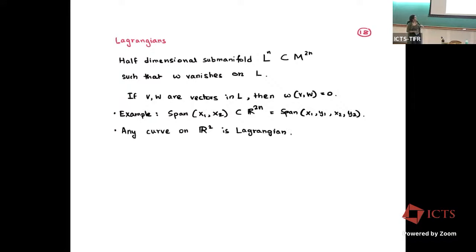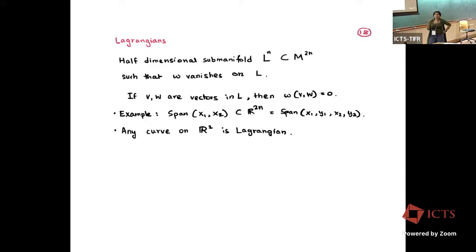But other things can happen. On R2, if I take any curve, remember that omega is skew symmetric. On a curve, the only vectors that lie along it at a point are one vector and some multiple of that vector, because you can only turn it or make it bigger or smaller. So the tangent space at each point is only one dimensional.